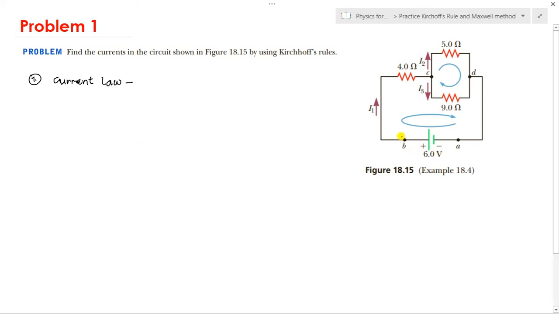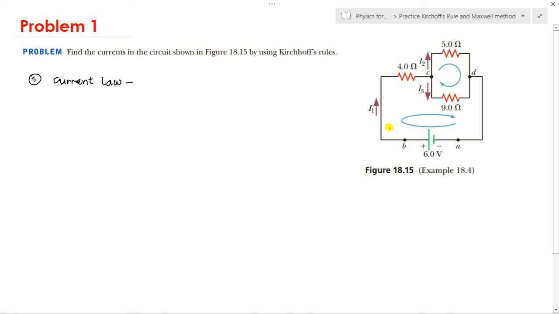The nodes are indicated by these dots: node B, node A, node D, node C. Here is the power source, with positive and negative terminals, and this blue loop indicates the direction of our current. Again, for Kirchhoff's analysis, you should also indicate the direction.